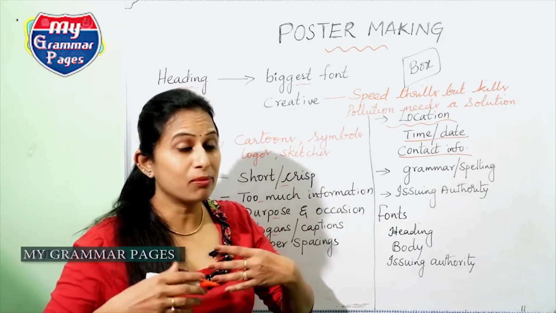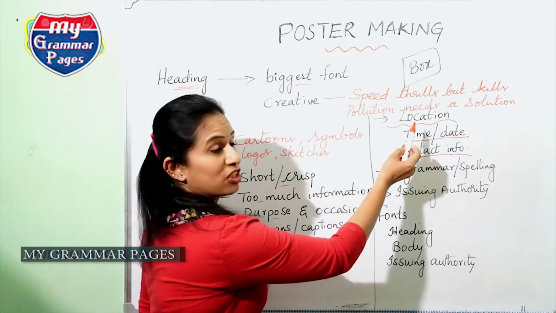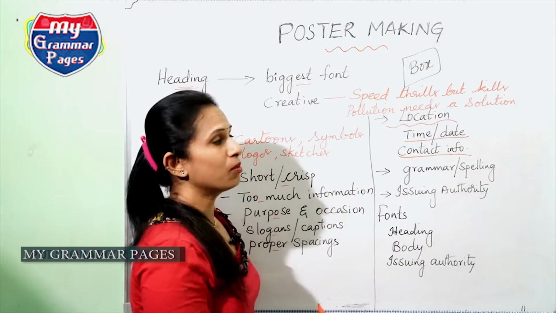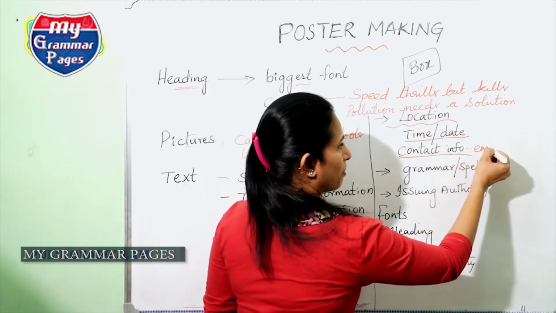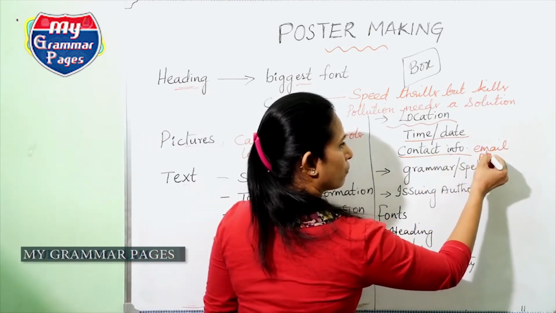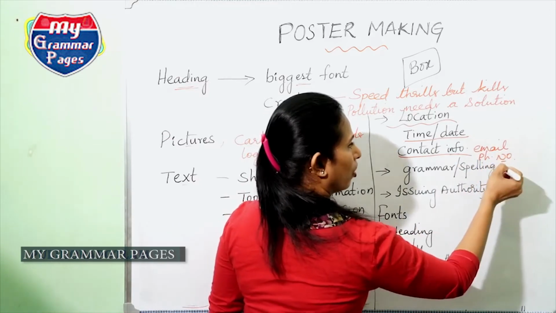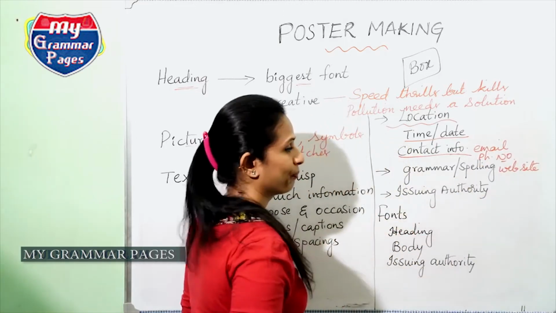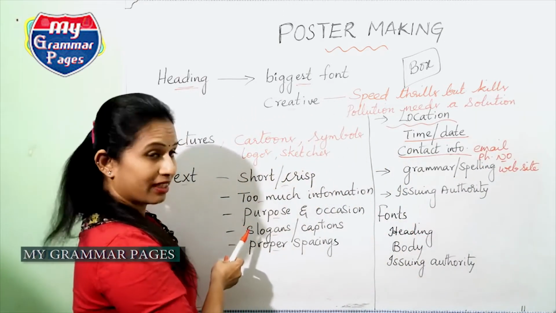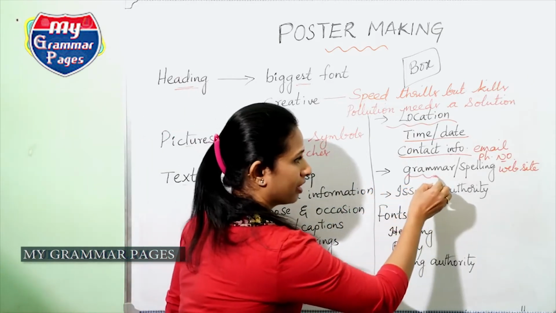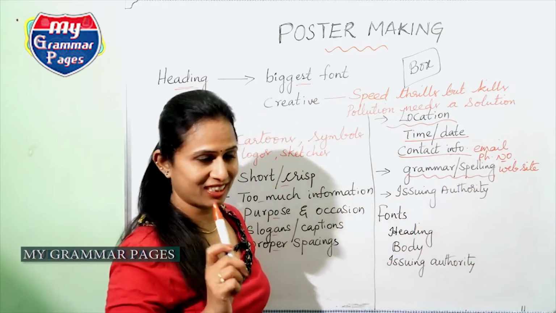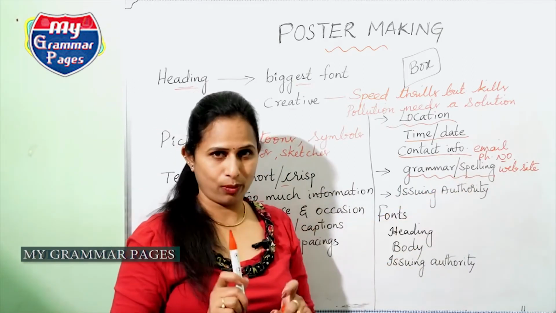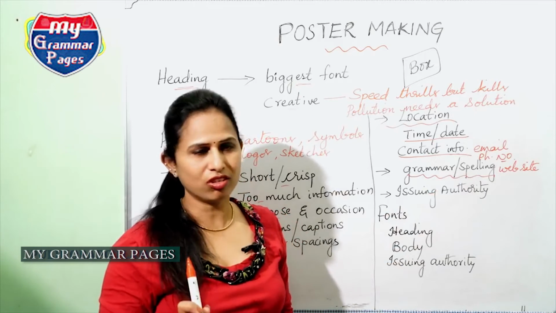At that time, or sometimes a competition, you have to mention the location, time, date and the contact information in the form of email or phone number, or sometimes the website address also. And when you are writing the text, remember that your grammar should be correct, and please look back once whether your spelling is right or wrong.